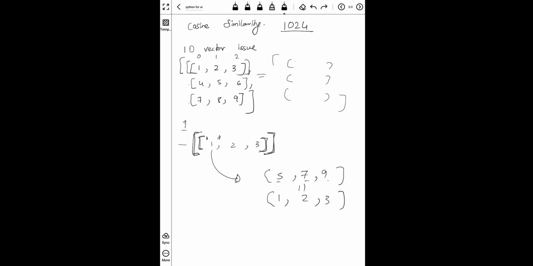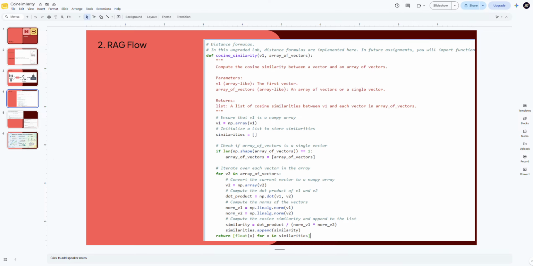It's a simple problem, but yet still needs to be solved. So that is the check if any vector is a single vector. Then you add a square bracket around it, so that when you pass it to this for loop, that entire thing is passed into this v2 for comparison. Okay, so that's the check.